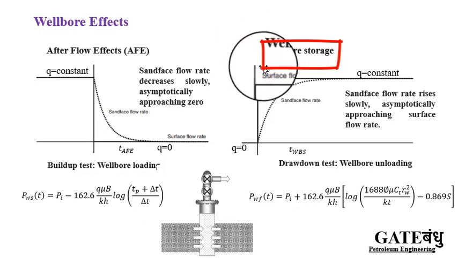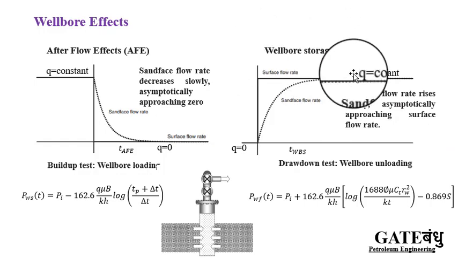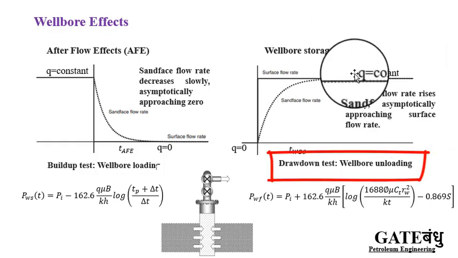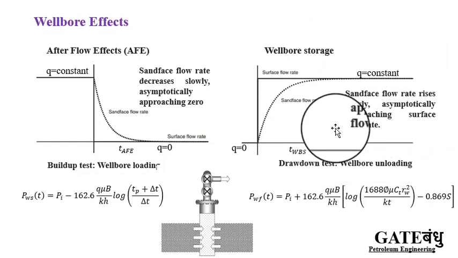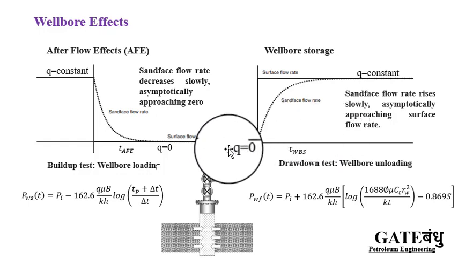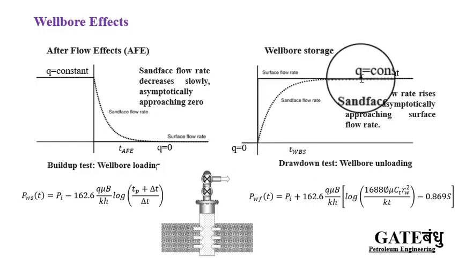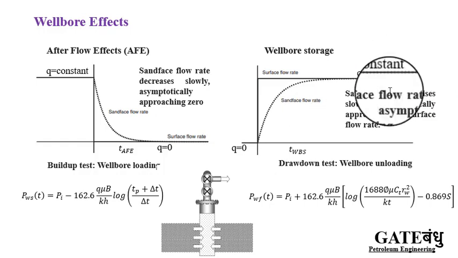Similarly, this Wellbore storage effect comes when we see the drawdown well testing. Here you could see that in drawdown well testing, the well was initially shut in for long, and then the well was put on production at constant rate.